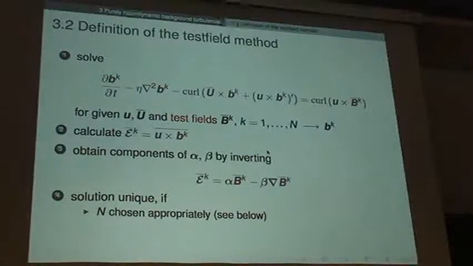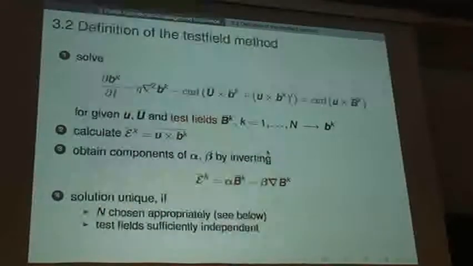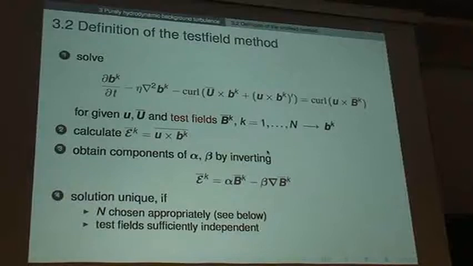So it must be big enough to be able to figure out all the components which are in these tensors, which I have not specified at the moment. And in addition, the test fields have to be chosen sufficiently independent. Otherwise, you would end up with a degenerate coefficient matrix in this system of equations.